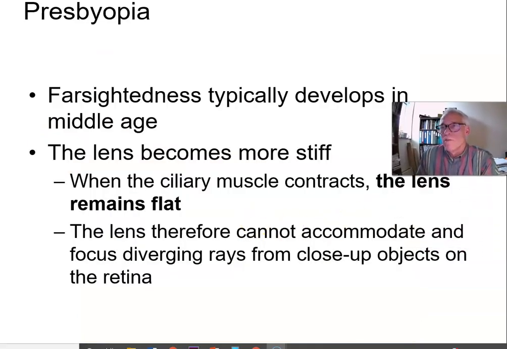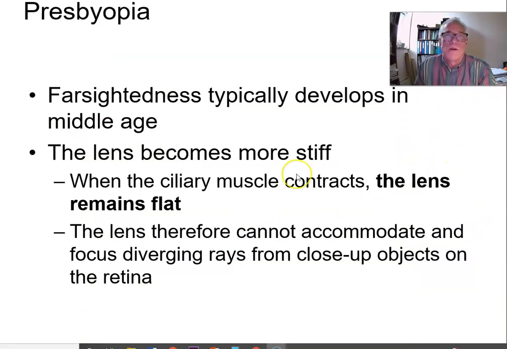Well, it turns out that when you get to be about 42 years old, you start to become farsighted. Let's say you had normal vision, typical vision, unaided vision perhaps, and you start to become farsighted. That's called presbyopia. The problem with your eye at that age is that when you want to look at close vision, what do you do? You contract the ciliary muscle, and it causes the lens to round up.